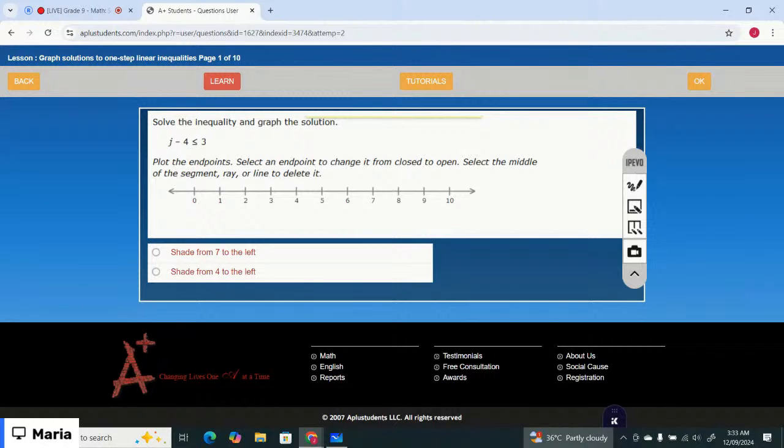The correct option is shade from 7 to the left. Option number 1 is the correct option.